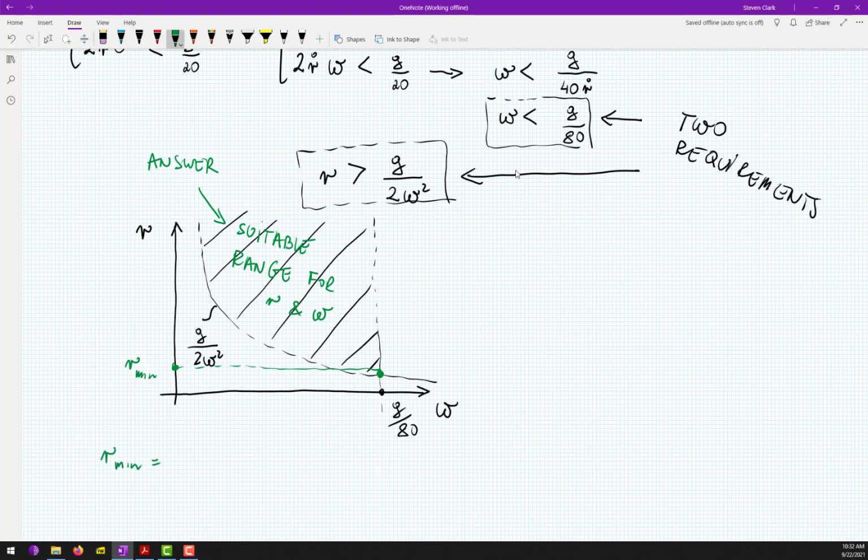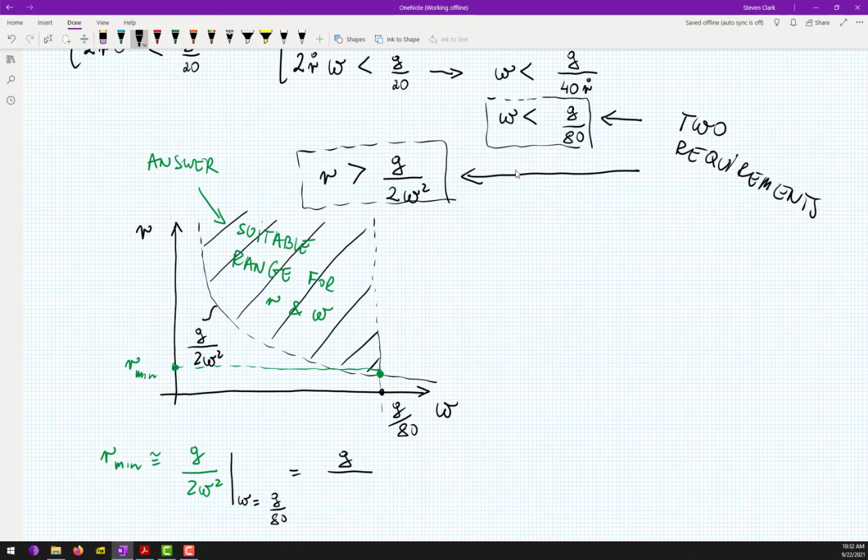is approximately G divided by 2 omega squared, but omega must be G divided by 80. Yes, let's plug that value in.